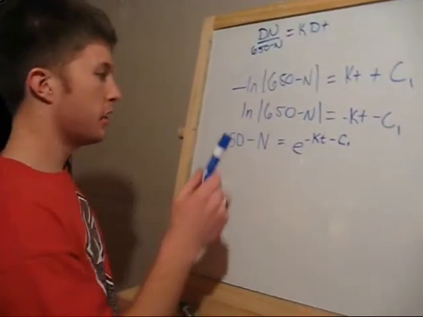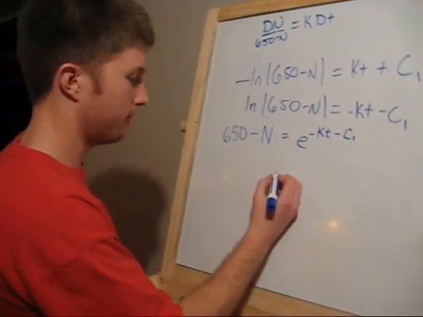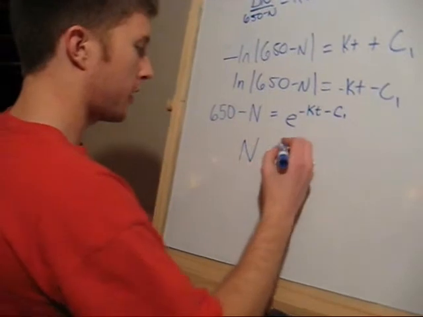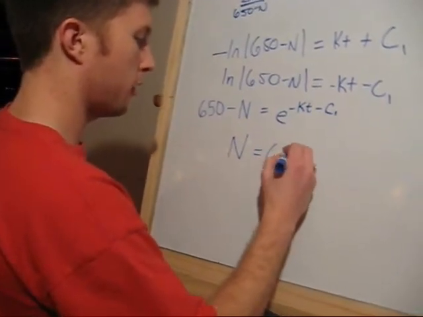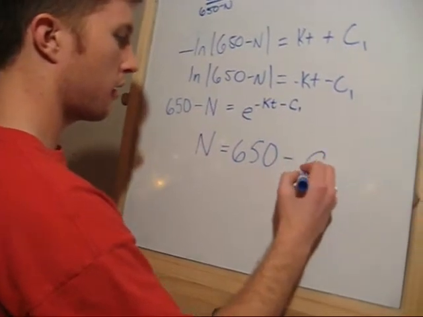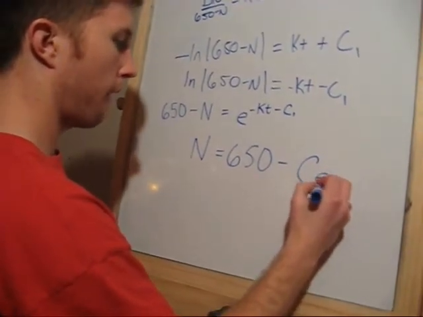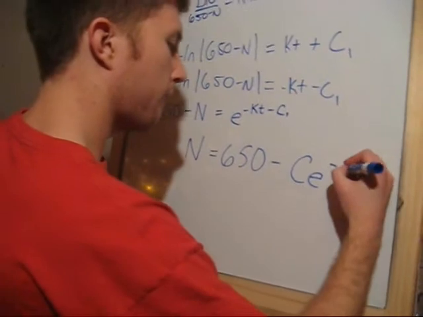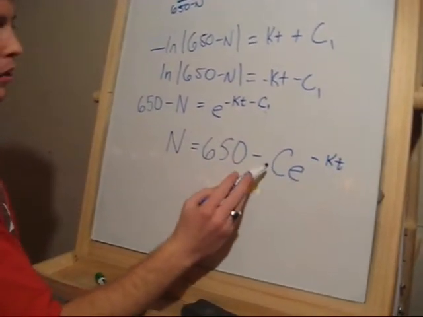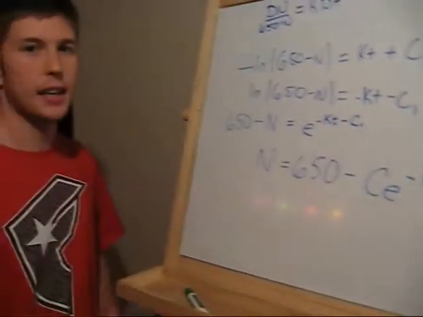Now we will give ourselves a general solution for N. First we isolate it, bring over 650 minus, and notice c sub 1 is no longer c sub 1, it is c because it is any constant.